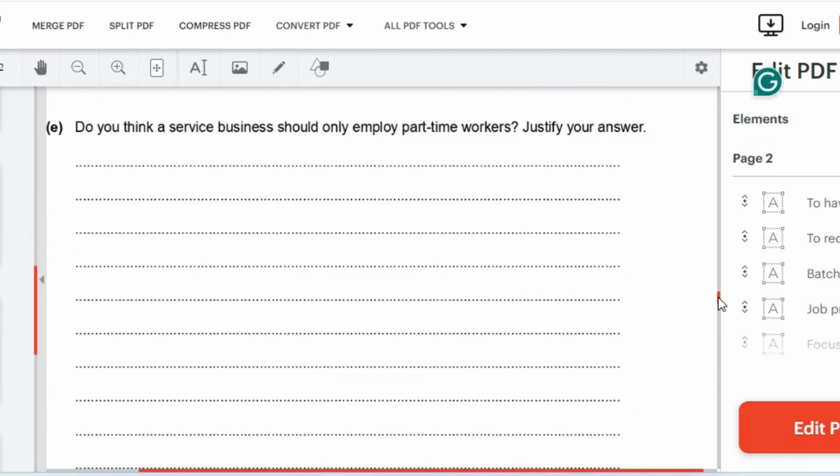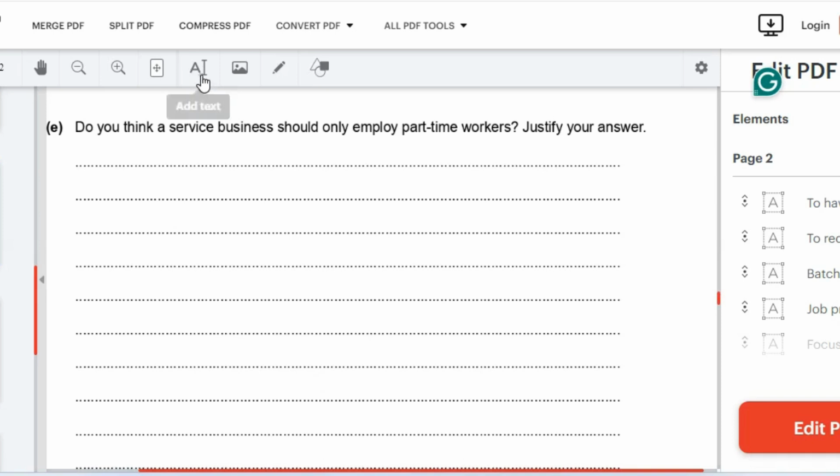We have 3E. In 3E, do you think a service business should only employ part-time workers? And you have to justify your answer. Of course, we have to give a point on part-time and give a point on full-time also in order to give our valid justification of whether the business should only employ part-time workers or full-time workers.